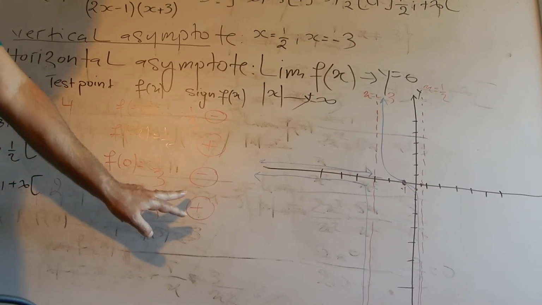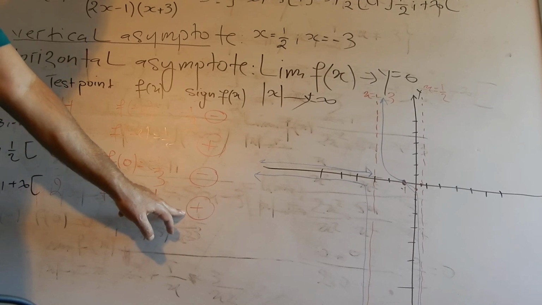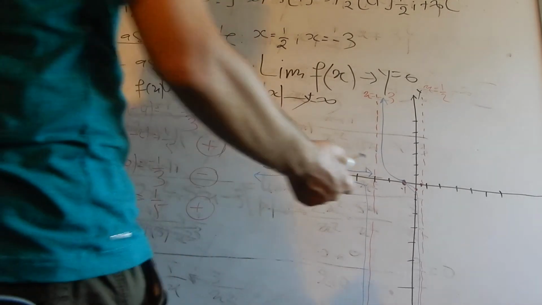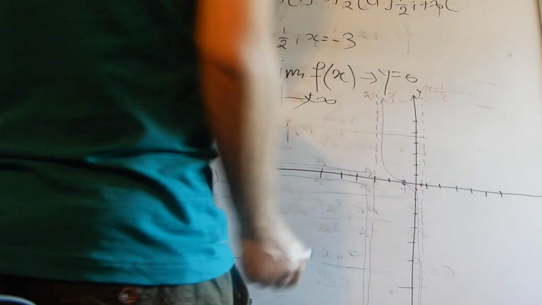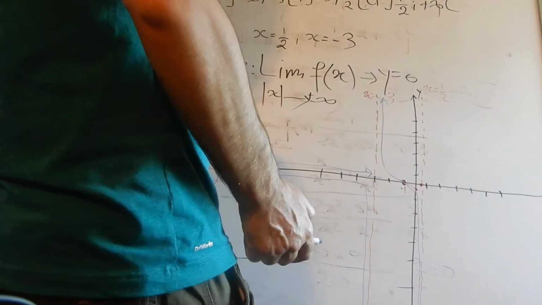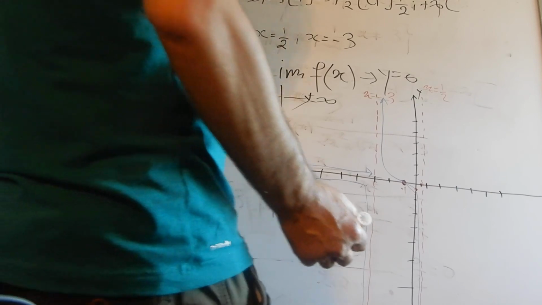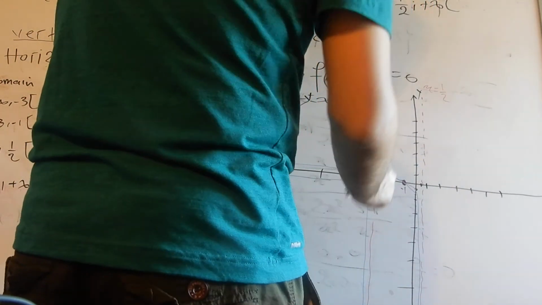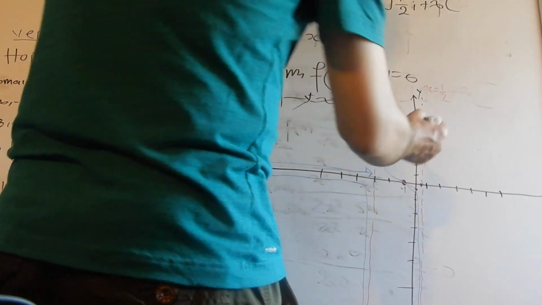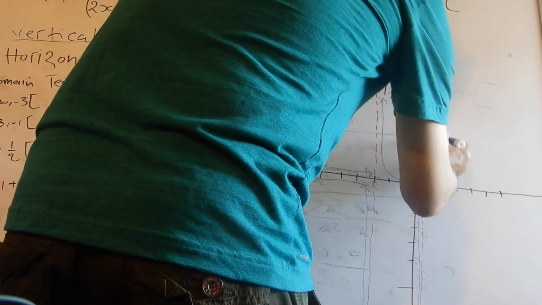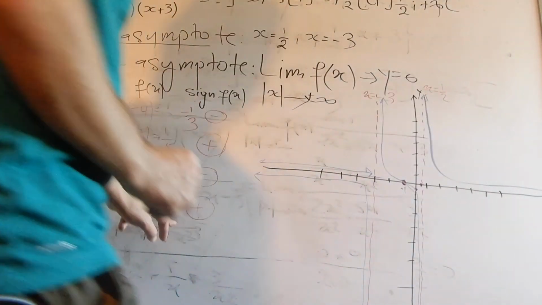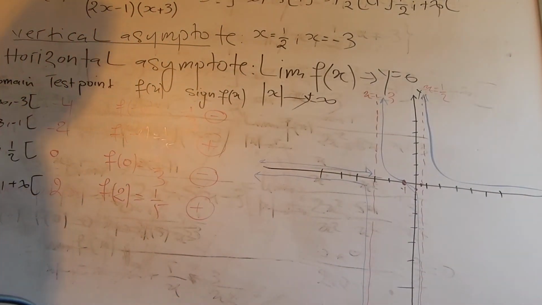The sign is positive. That means the graph is going to be on this side and it's not going to cross the x-axis or the y-axis, nothing. And x equals 1 over 2 is the asymptote. That means the graph just looks like this. And this is the final graph, and this is the study of this function.